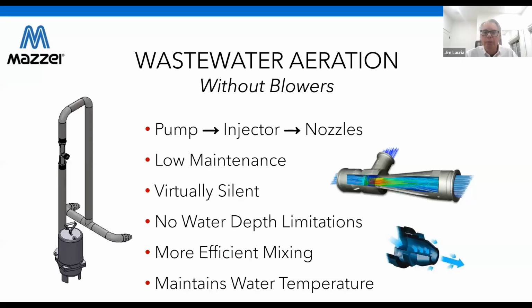So it's, as I said, low maintenance, very quiet. There's no depth limitations. In fact, we like the deeper the better, because then you've got the head of the tank pushing against that pump. And so you've got some advantages that you don't have to have as much pumping power. It's more efficient mixing, as I mentioned, and it maintains the water temperature.